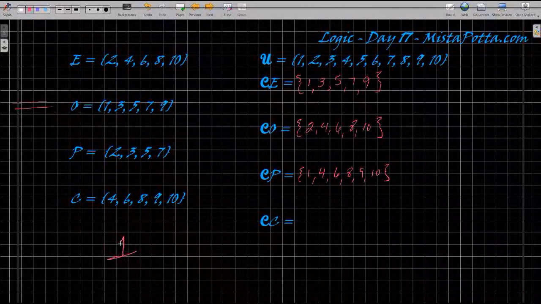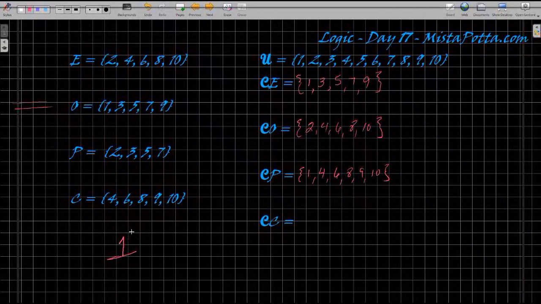A prime number has to have exactly 2 positive integral factors. A composite number has to have more than 2 positive integral factors. 1 only has 1 factor. It's equal to 1 times 1. It's equal to itself times itself.